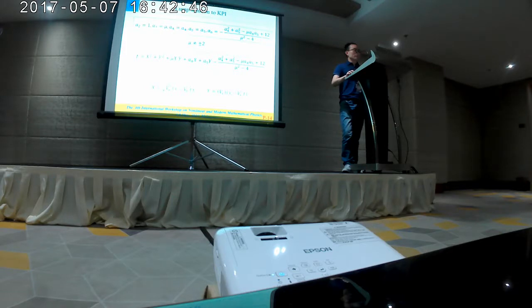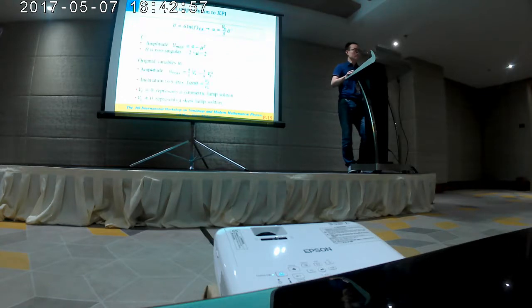Here we can see there are just two free parameters, A4 and A5, and we get the lump solution of the KP1. Here u is a stationary lump solution, and we easily get the original variables.